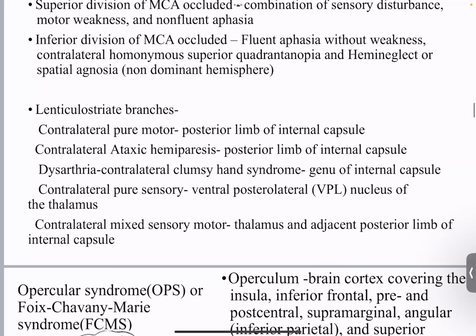There is dysarthria clumsy hand syndrome when the genu of the internal capsule is involved. And then there can be contralateral pure sensory stroke because of the ventroposterolateral nucleus of the thalamus getting involved. And there can be contralateral mixed sensory motor involvement because of thalamus and adjacent posterior limb of the internal capsule involvement.